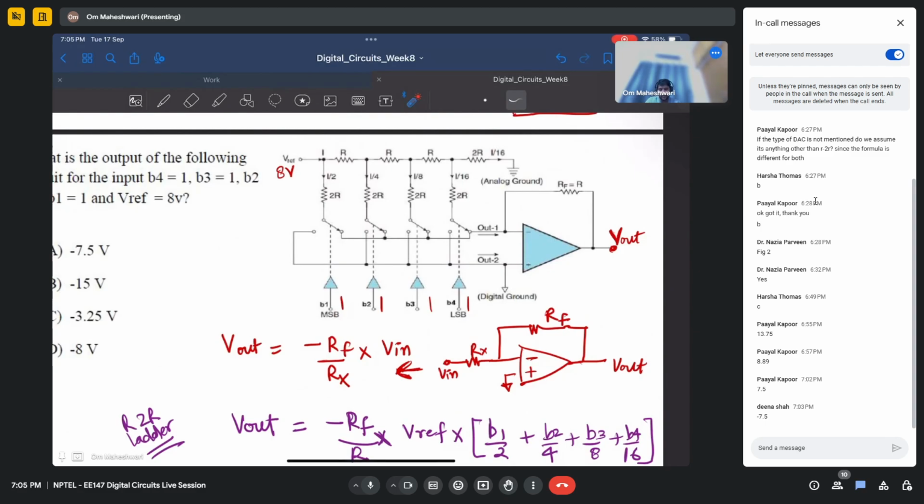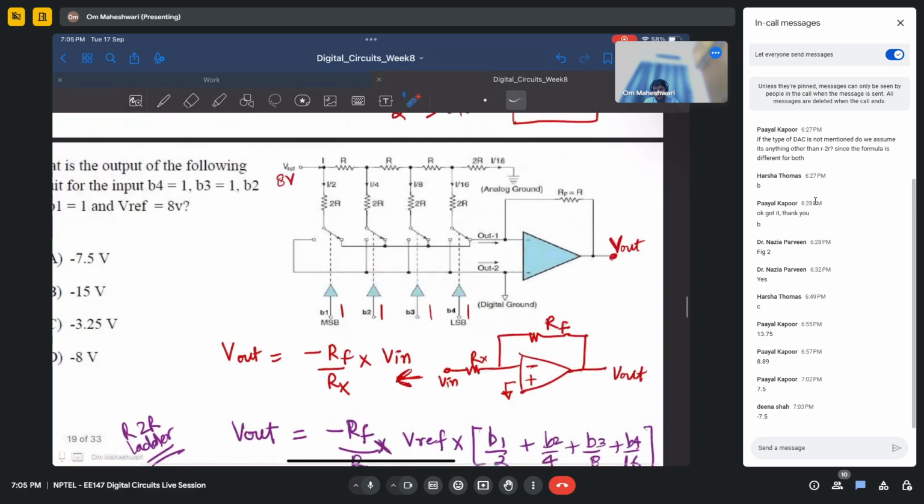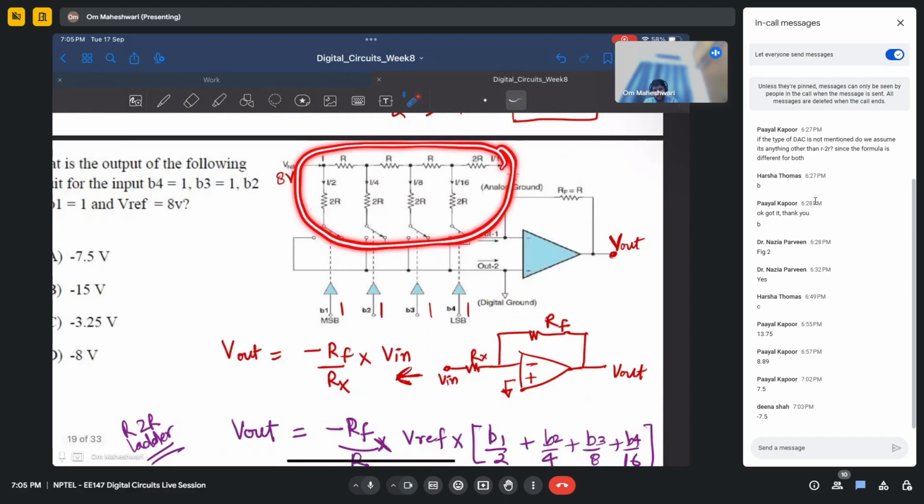How it comes out to be R effective, you can solve this: 2R and 2R in parallel is R, then this R and R series is 2R, then 2R and 2R parallel is R, R and R series is 2R, then again 2R and 2R parallel is R. That's why we have the whole resistance corresponding to this R2R ladder network as R.